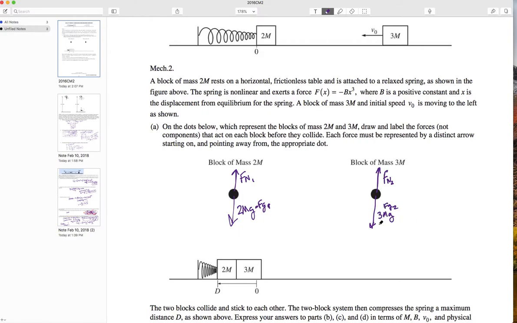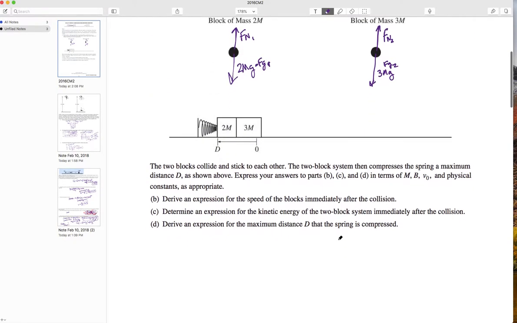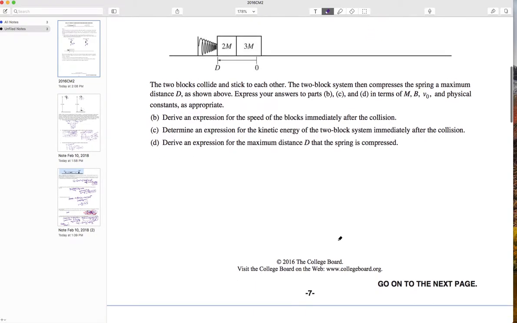You should label them with values if you can, just on the off chance that your diagram is not well drawn. This is equivalent to about 2 points on the AP exam, and it's an easy 2 points, so please take advantage of that.